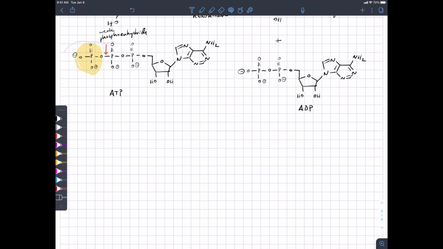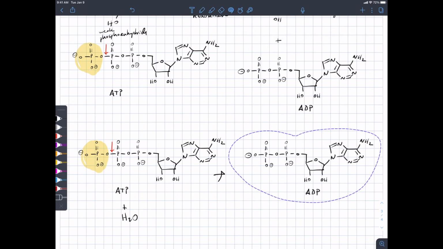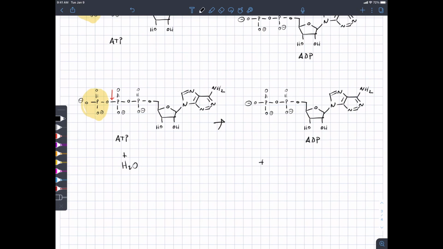We could take this ATP molecule and we could add water, and we would get out afterwards ADP plus phosphoric acid. And people say, oh, this is downhill in energy. And it is, but the reason it's downhill in energy is because the bonds that you form are more stable than the bonds that you break.